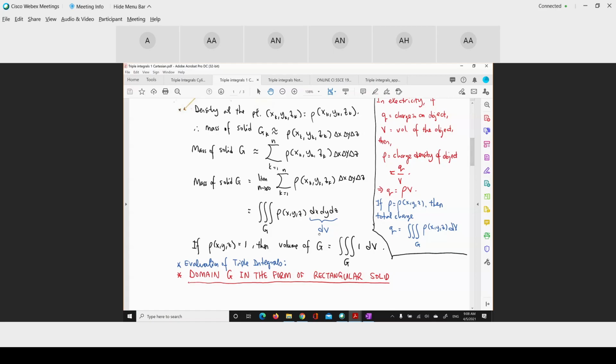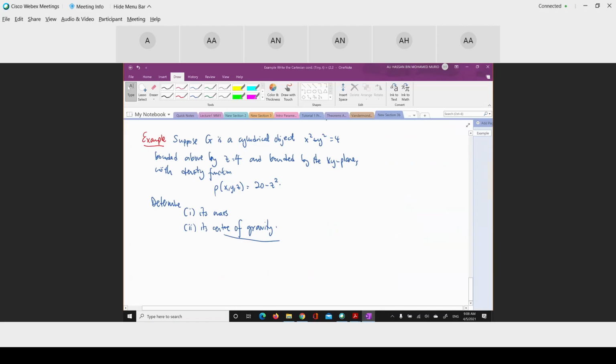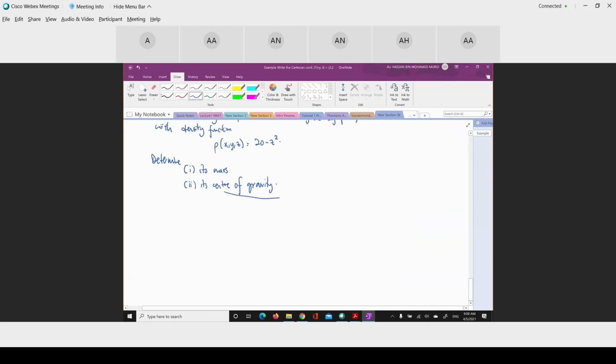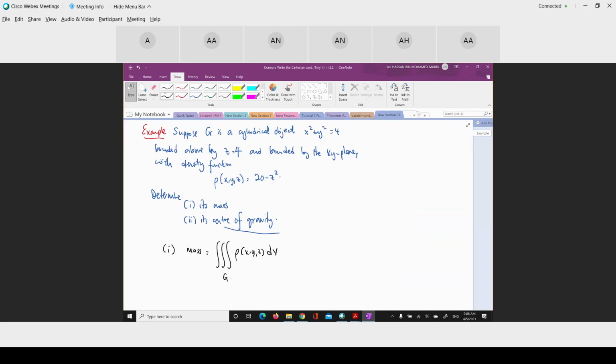So we want to apply this formula here to find the mass. So let's do part one first. The mass of the object is given by this formula, the integral of rho(x, y, z) dV. Now the object is cylindrical, so that suggests using cylindrical coordinates.